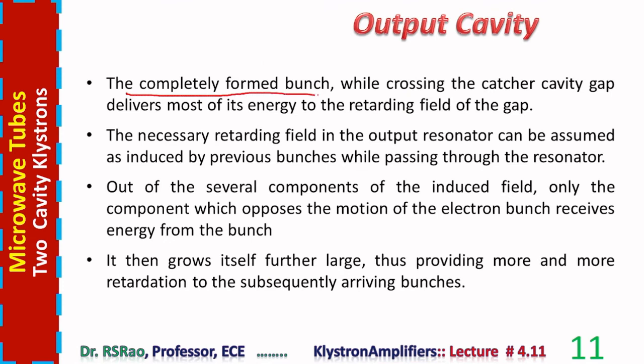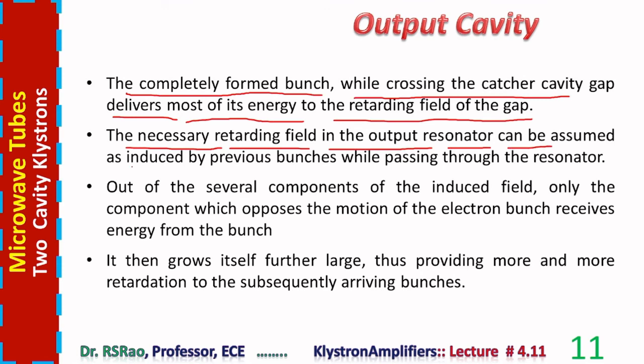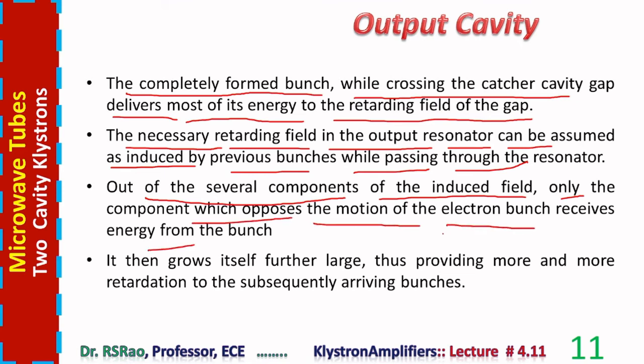The completely formed bunch, while crossing the catcher cavity gap, delivers most of its energy to the retarding field of the gap. The necessary retarding field in the output resonator can be assumed as induced by previous bunches while passing through the resonator. Out of the several components of the induced field, only the component which opposes the motion of the electron bunch receives energy from the bunch.